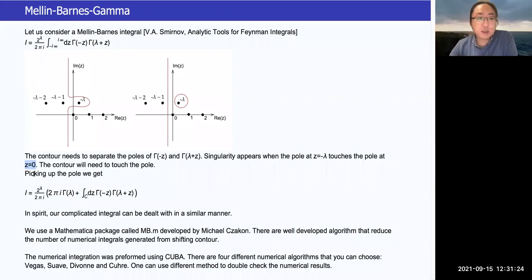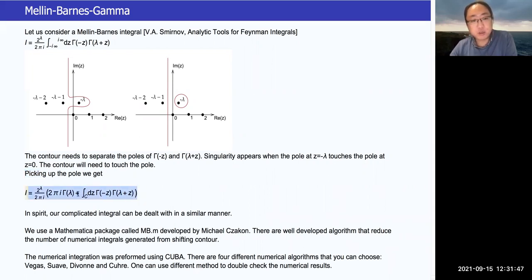We can just do this, but because we want to later numerically evaluate these integrals, this is not very convenient. The convenient way is actually to pick up the pole and have a straight line integration instead. That's what we did.